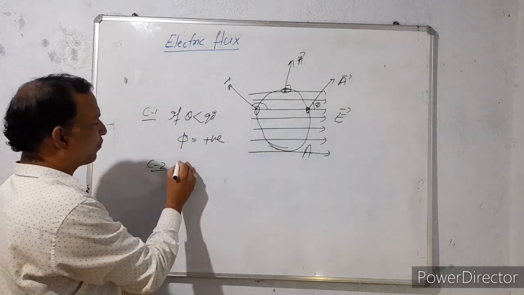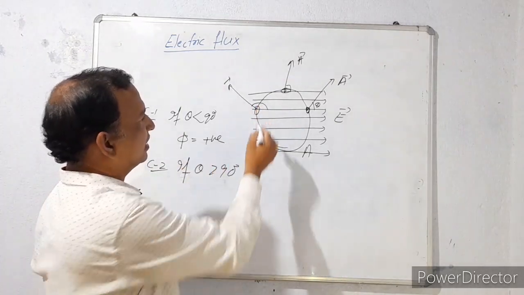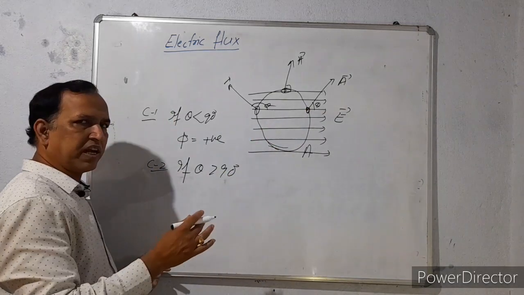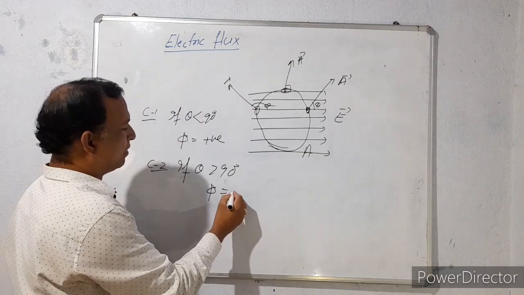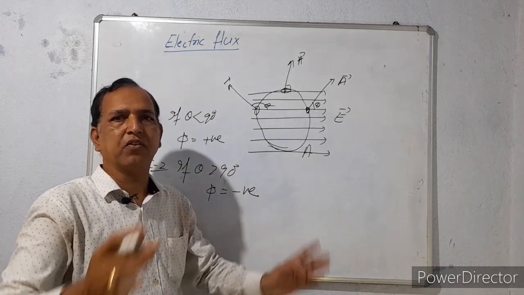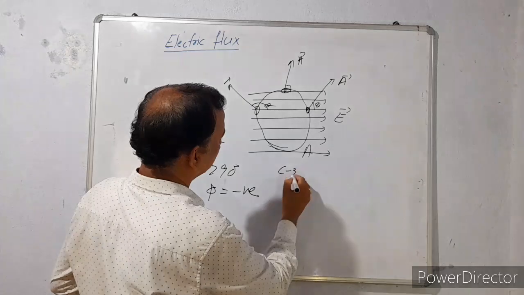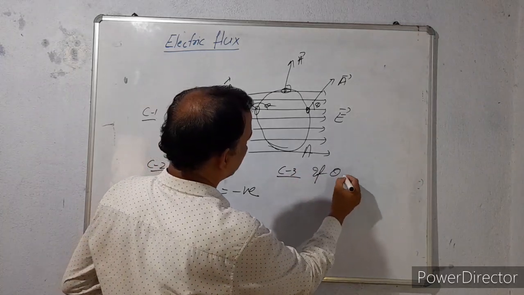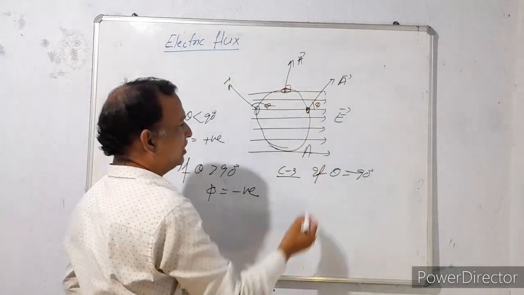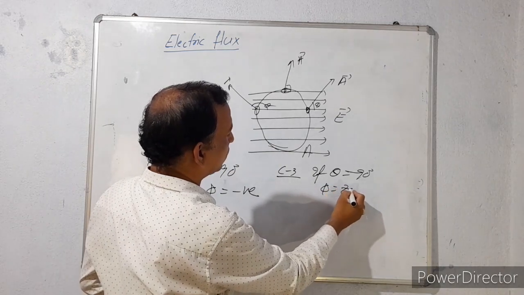Case 2. If theta is greater than 90 degree, like this, then cos theta is negative, so phi must be negative. This type of flux is called negative electric flux. Clear? In case 3, if theta is equal to 90 degree, like this, cos theta is equal to 0, so phi is 0.